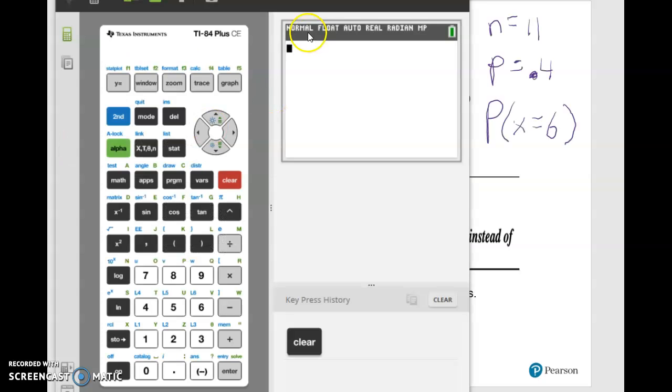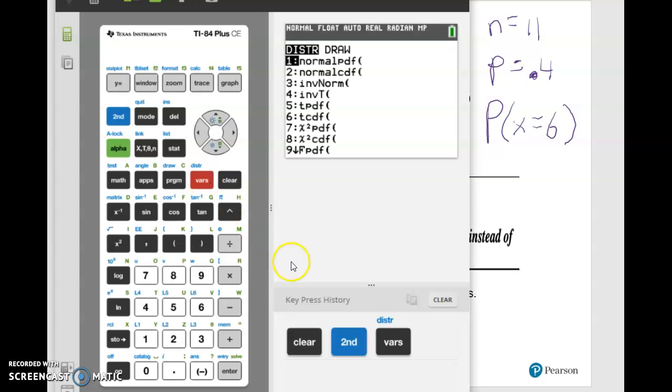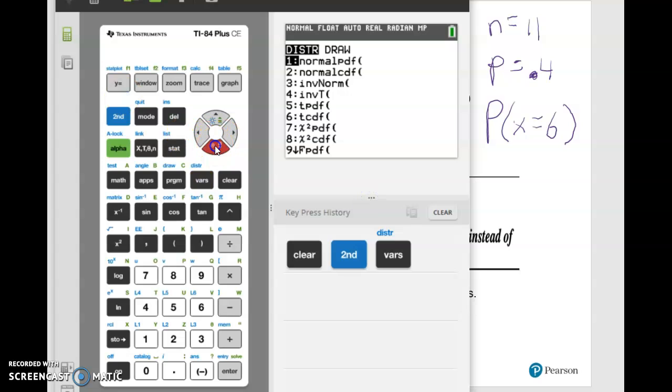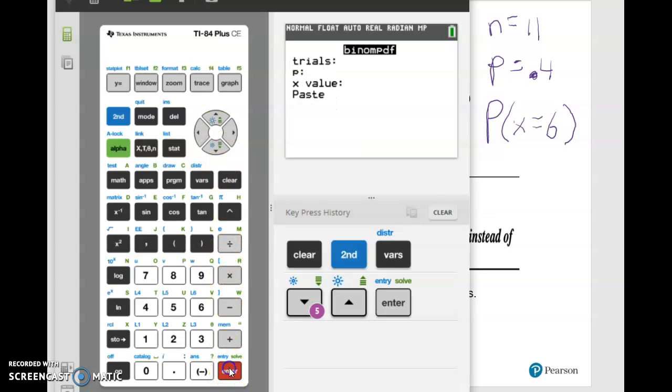As an example, if I wanted to find the probability of 6 successes in exactly 11 trials, where the probability of success was 0.4, I would go second vars, and then I would scroll down until I got to binomPDF, which on my calculator is A. Then I'll press enter.